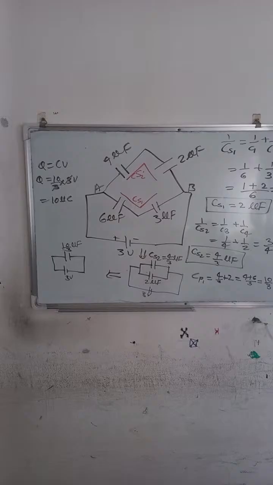This you have to do as homework. This we already did, so it's very clear. Maximum is the parallel combination and minimum is the series combination. You have to arrange that and calculate it.